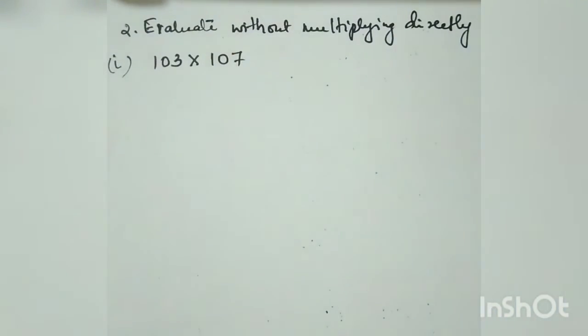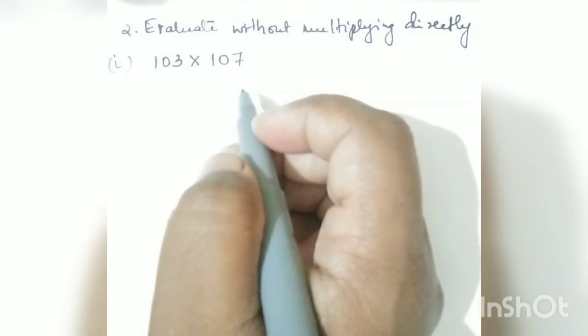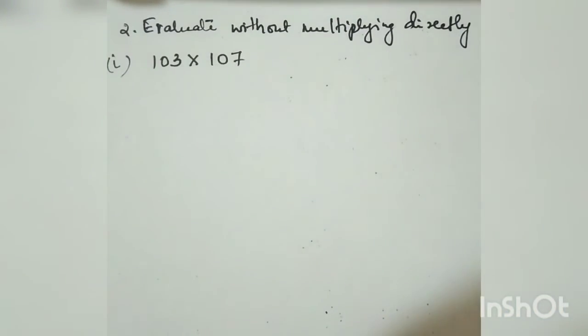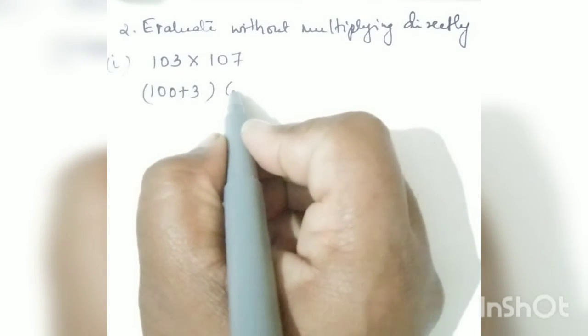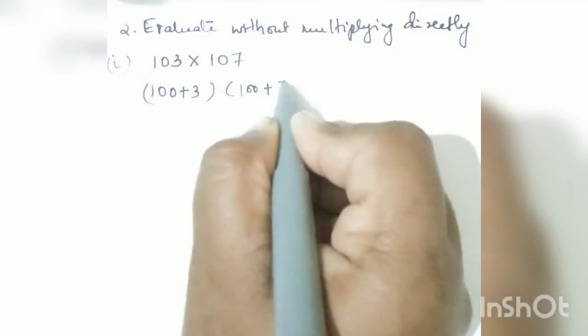So now the first example is 103 into 107. When you take 103 into 107, here you can split this and write 100 plus 3 and 100 plus 7.